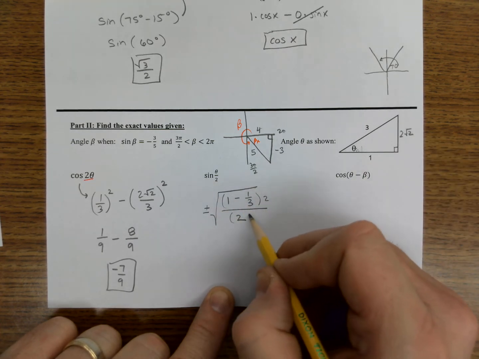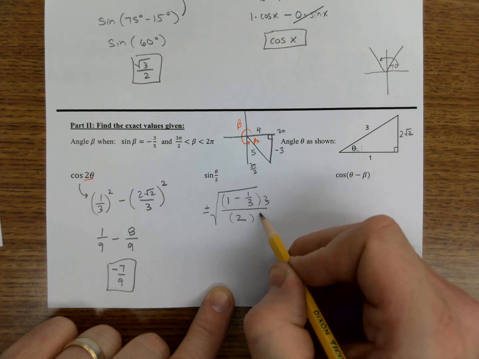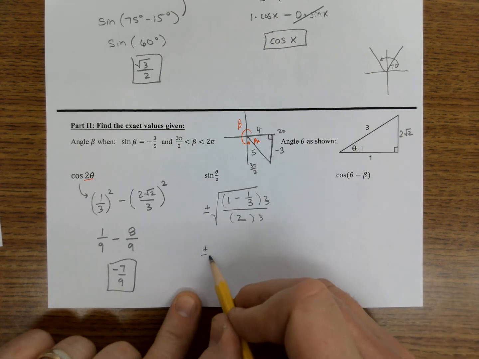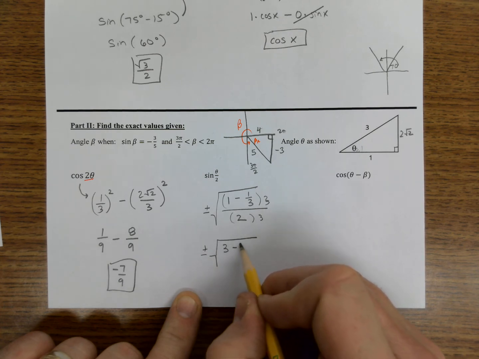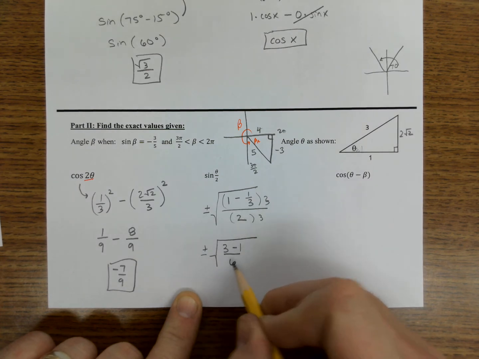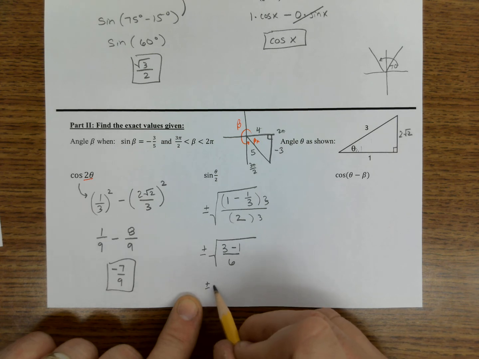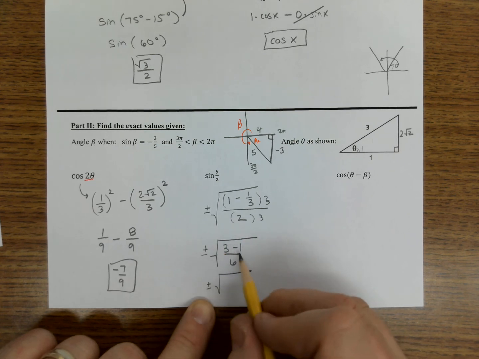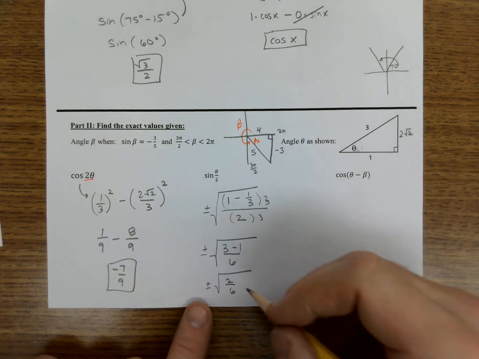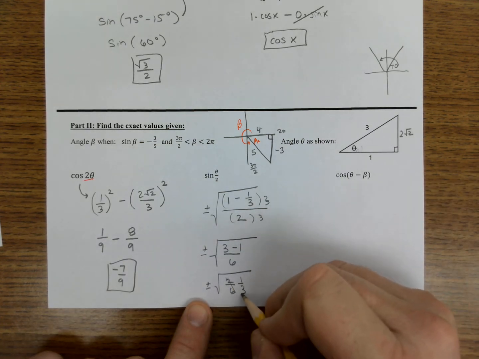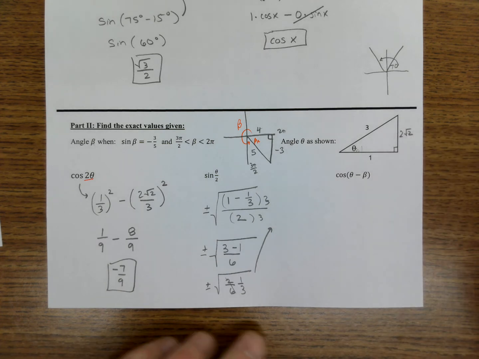Simplify, times 2, times 3 times 3. That would be plus or minus the root of 3 minus 1 over 6. It'd be plus or minus the root of 2 over 6. And why don't I just go ahead and reduce that? That's 1/3.